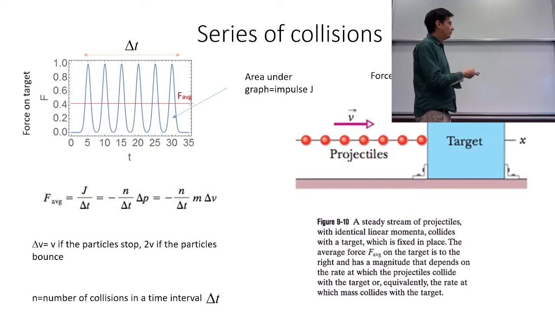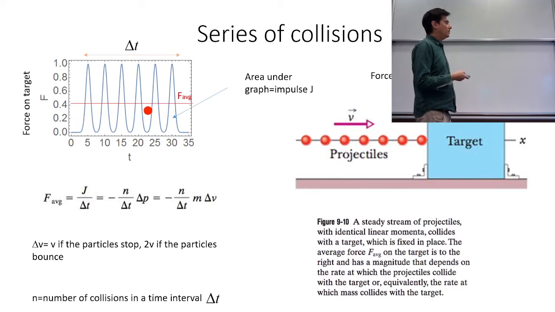Basically, how all this works is that what we're trying to do is calculate average force. So calculate the total impulse, say, within some time period. That's the area under the graph of these 6 pulses.